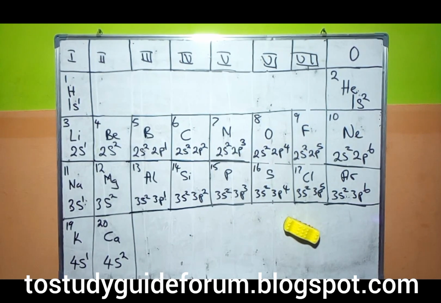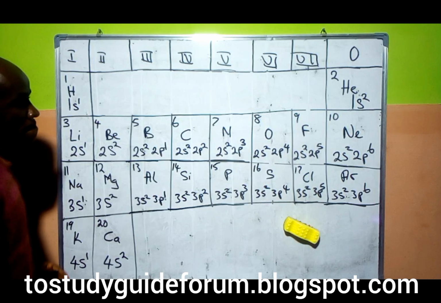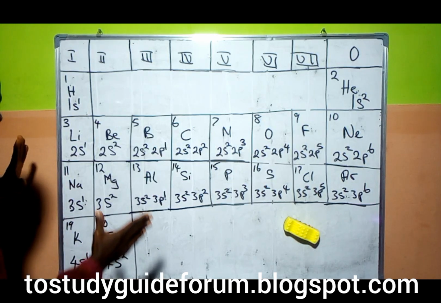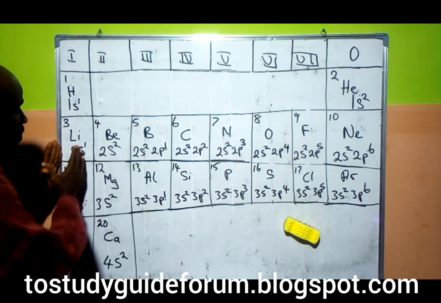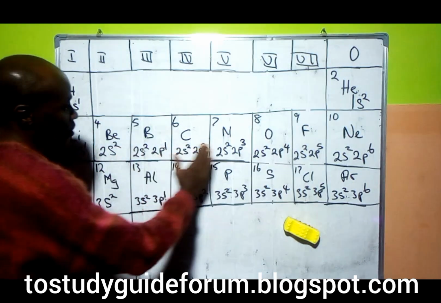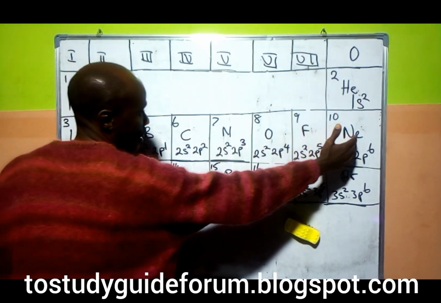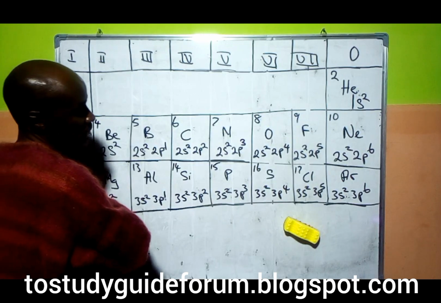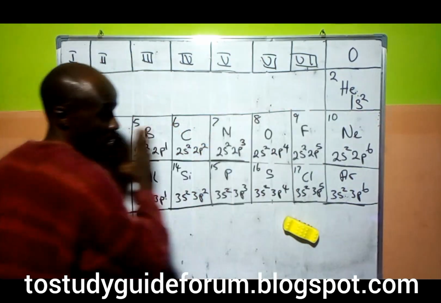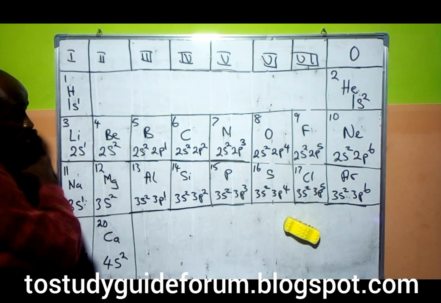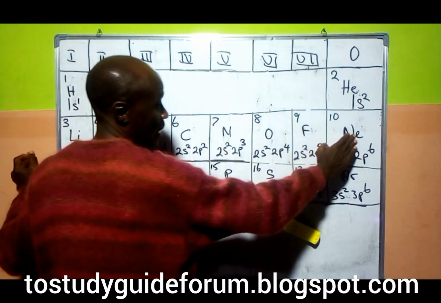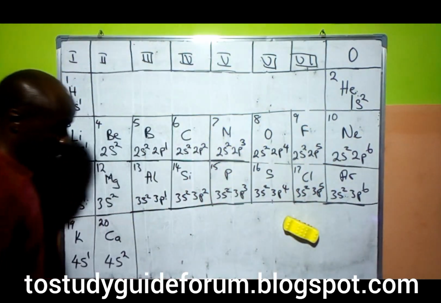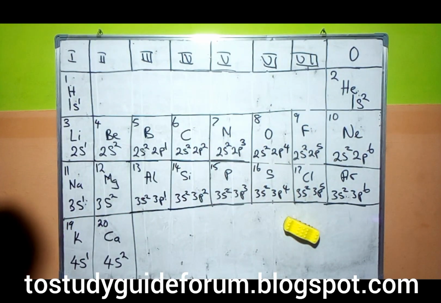The next thing we look at is that metallic property decreases across the period. That means from right to left, metallic property is increasing, while from left to right, metallic property is decreasing.